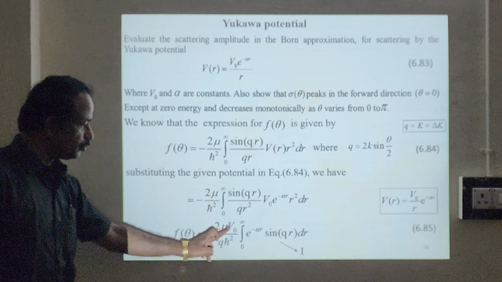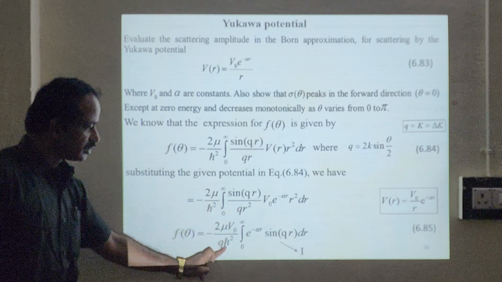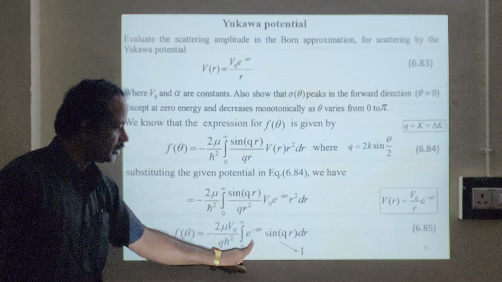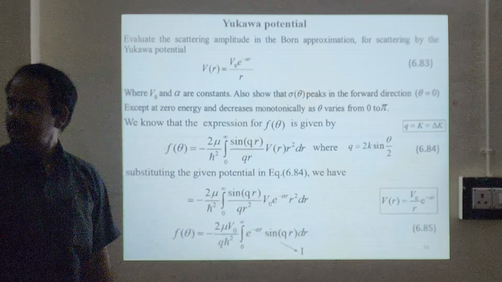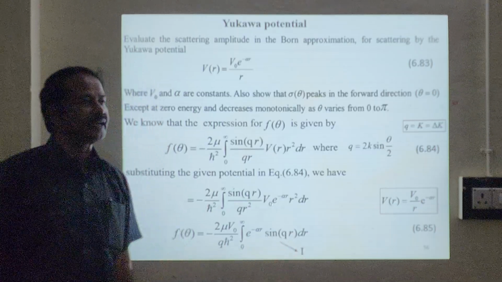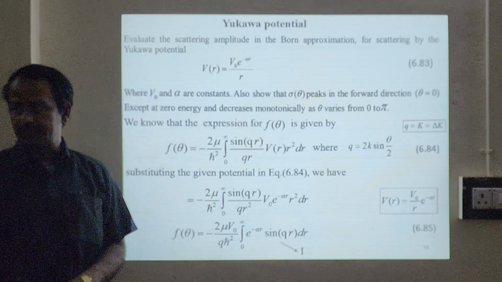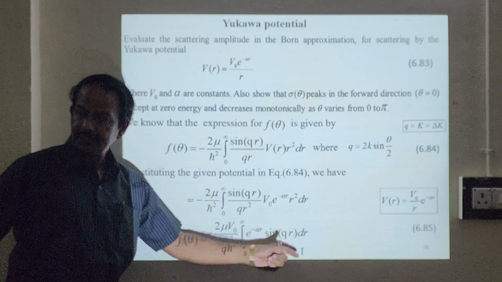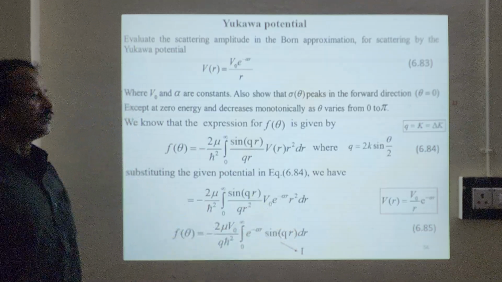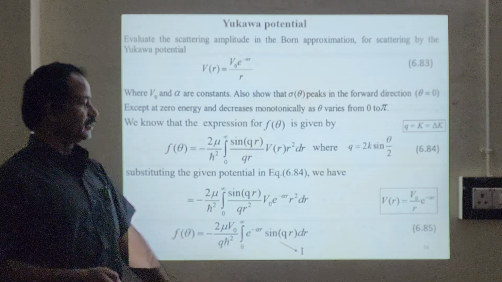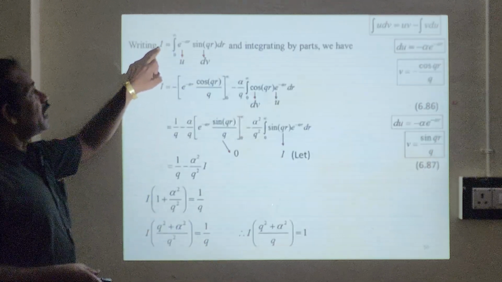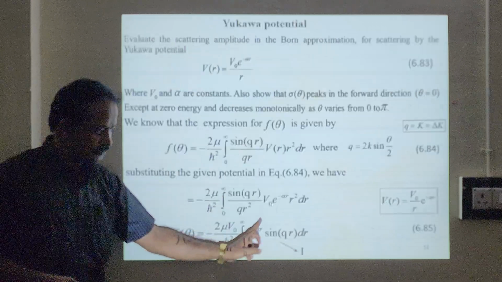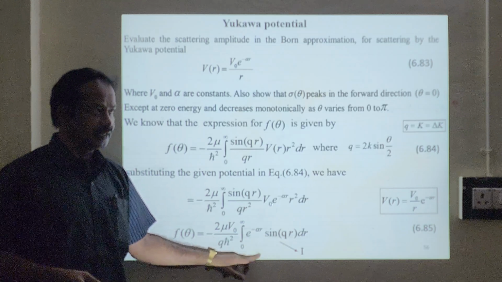So minus 2 mu V naught divided by Q h bar squared, integral from 0 to infinity of e power minus alpha R sin QR dr. We are going to take this as integral I and solve it. So I equals the integral of e power minus alpha R sin QR dr. Okay, so this is what the integral is.